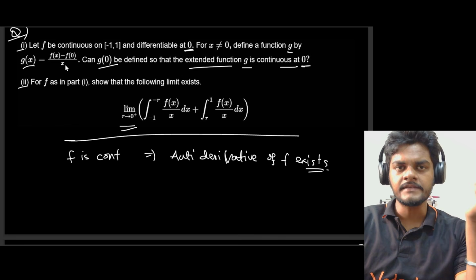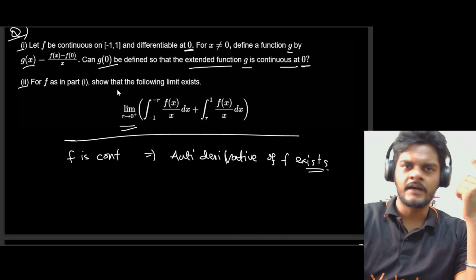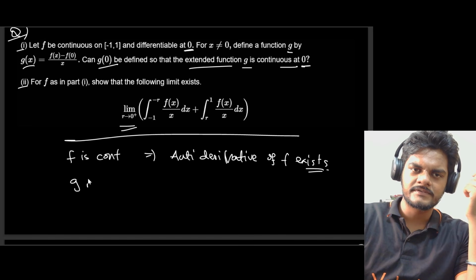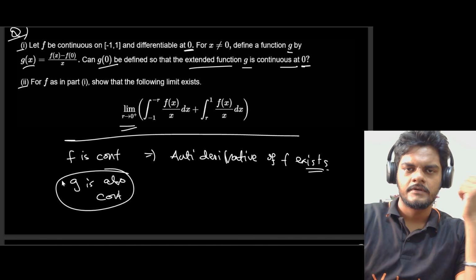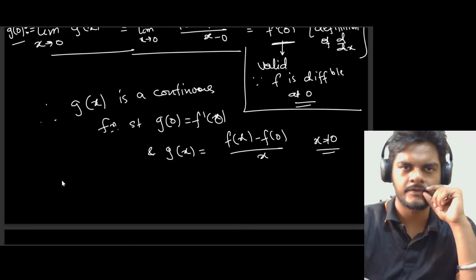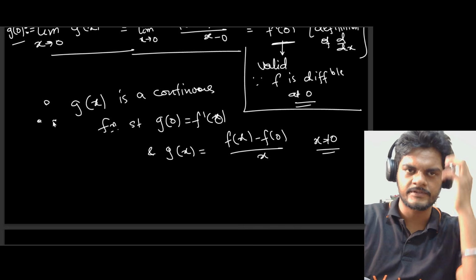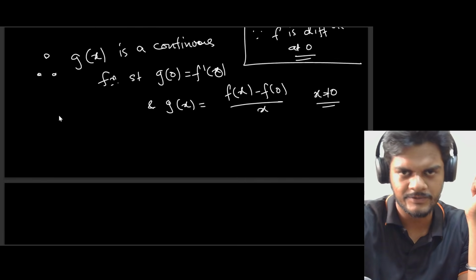In our case, f is continuous. In our case, g is also continuous, as we just derived. The first part was deriving that g is continuous.